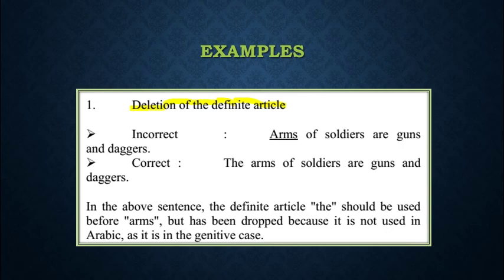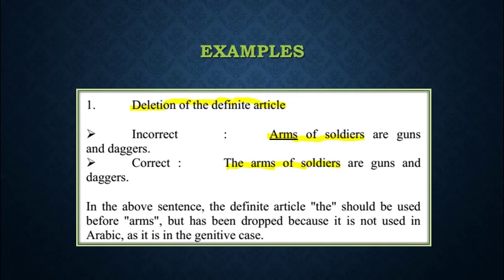For example, we have an example here: "arms of soldiers are guns and daggers." The correct form should be "the arms of soldiers," not "arms of soldiers." What is the reason for this error? Why did the Arab speaker say "arms of soldiers," not "the arms of soldiers"?